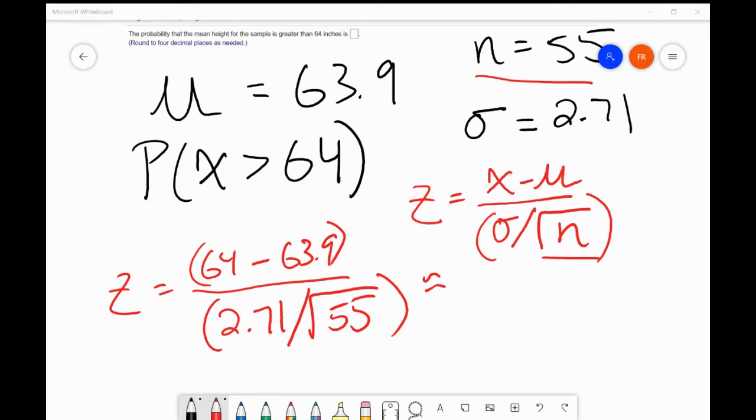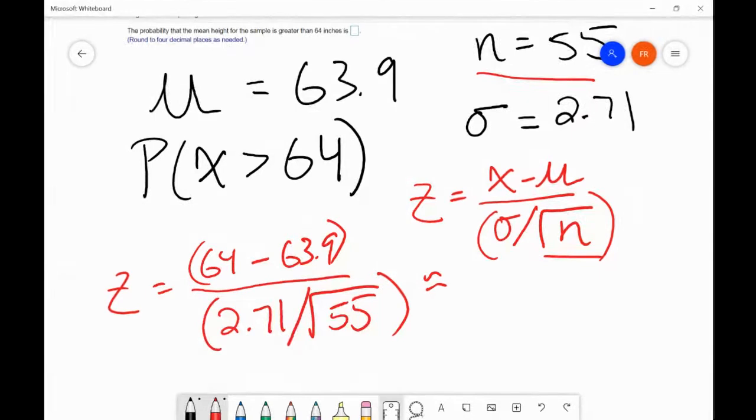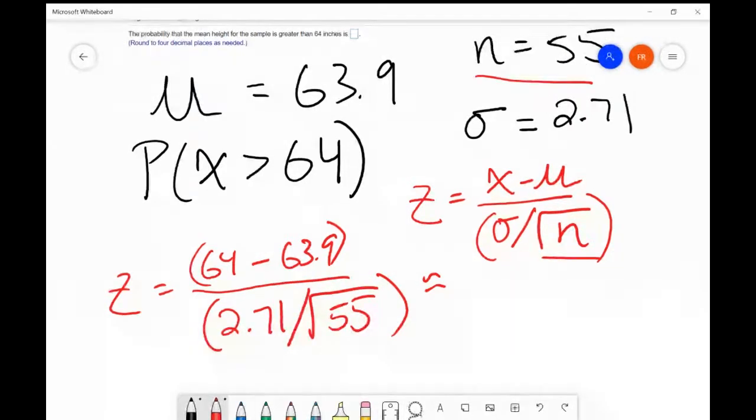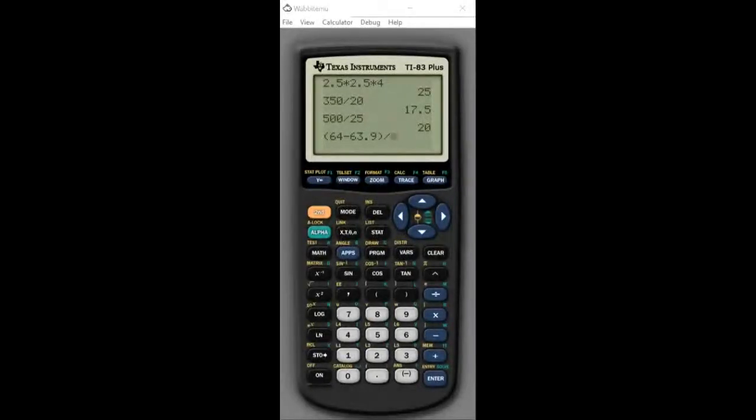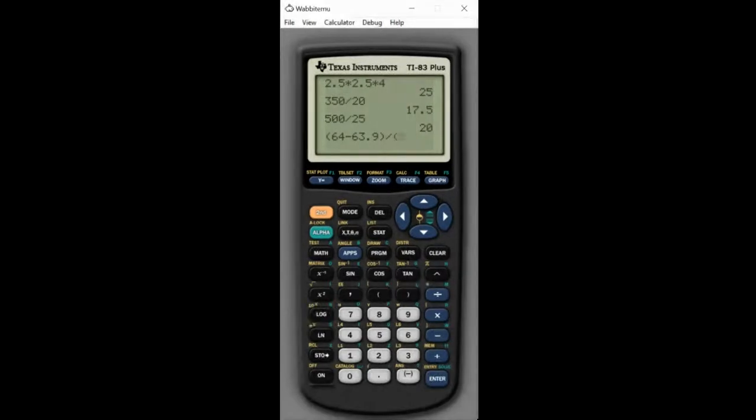Actually, let me show you this part on the calculator. I am going to share the calculator so you can see exactly what it looks like. And yes, you can see the calculator.